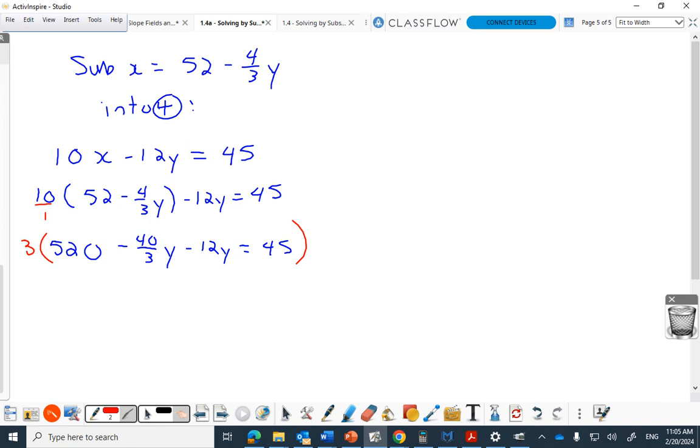So I get 1560 minus 120 over 3y, minus 36y equals 135. You double check that, okay? I don't want to do it too fast for you. Carefully punch those each in and see if you get the same as me.